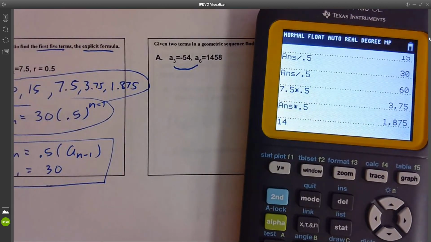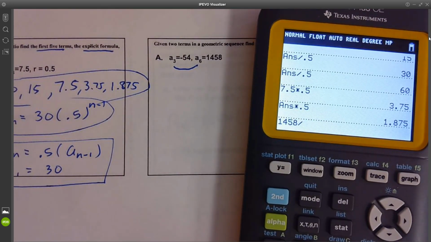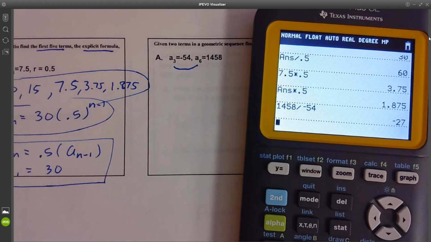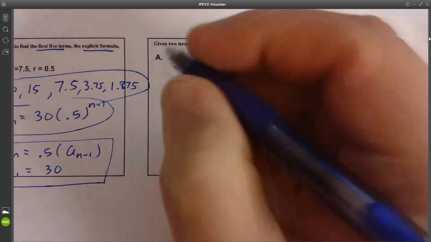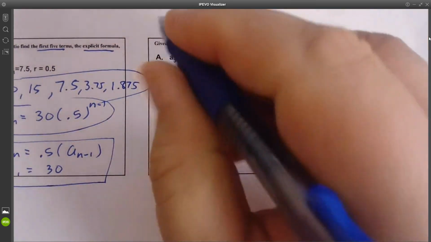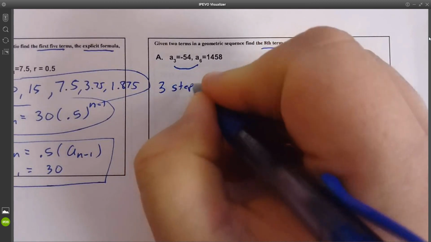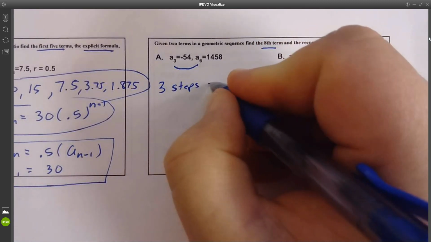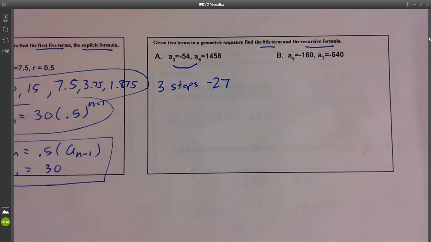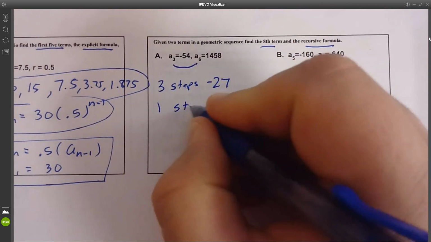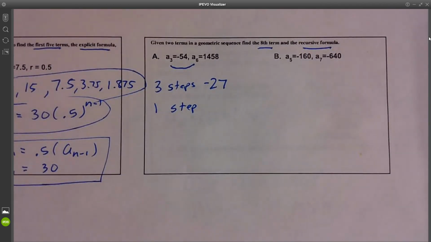So 148 divided by -54, so -27. So I'm going to put my thoughts down here. 3 steps is -27. So what is 1 step going to be? -9. It's not -9.